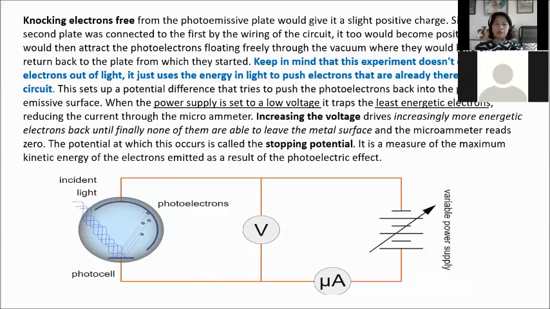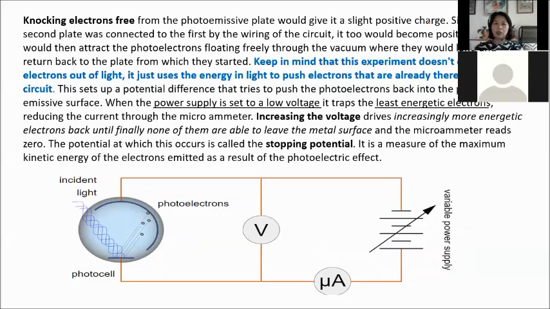Keep in mind that this experiment does not create electrons out of light. It just uses the energy in light to push electrons that are already there around the circuit. This sets up a potential difference that tries to push the photoelectrons back into the photoemissive surface.